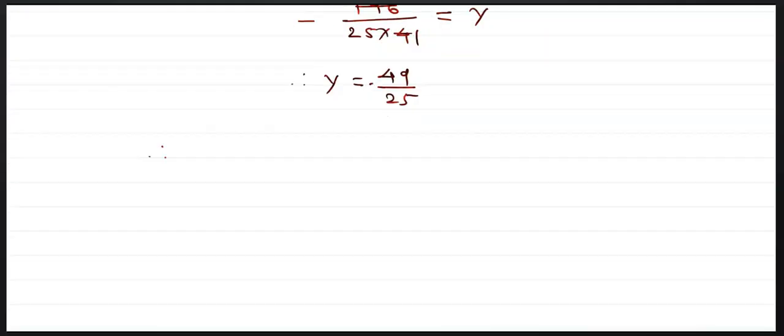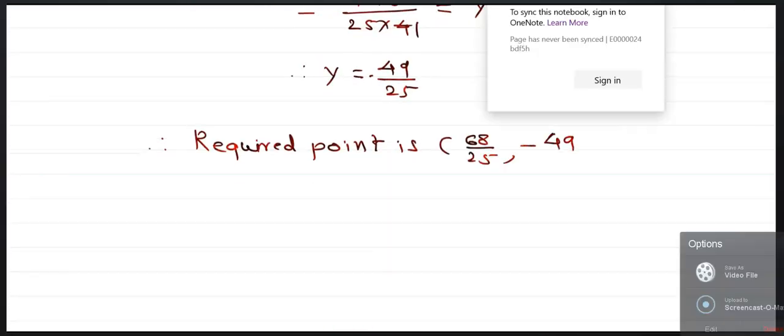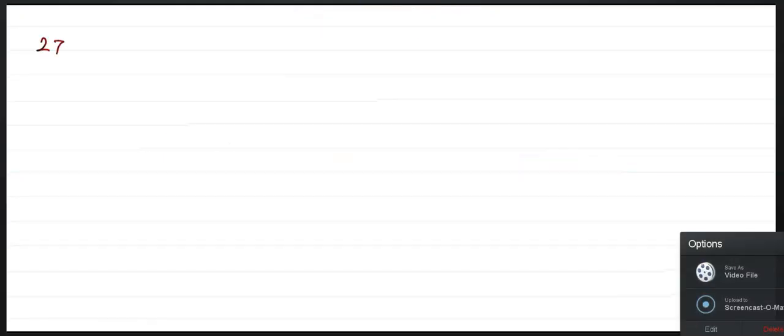These are the steps. Therefore, the required point is (68 upon 25, minus 49 upon 25).